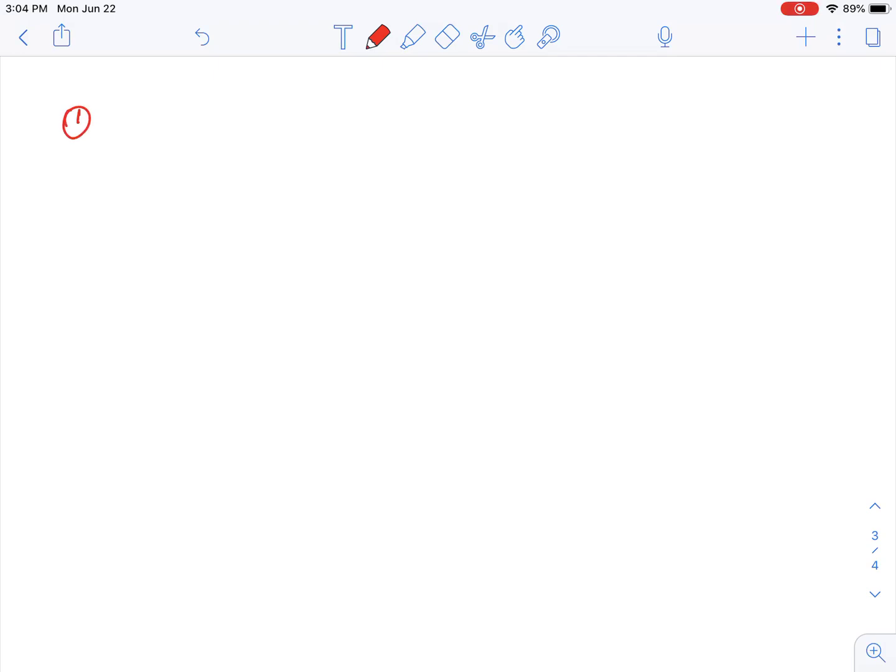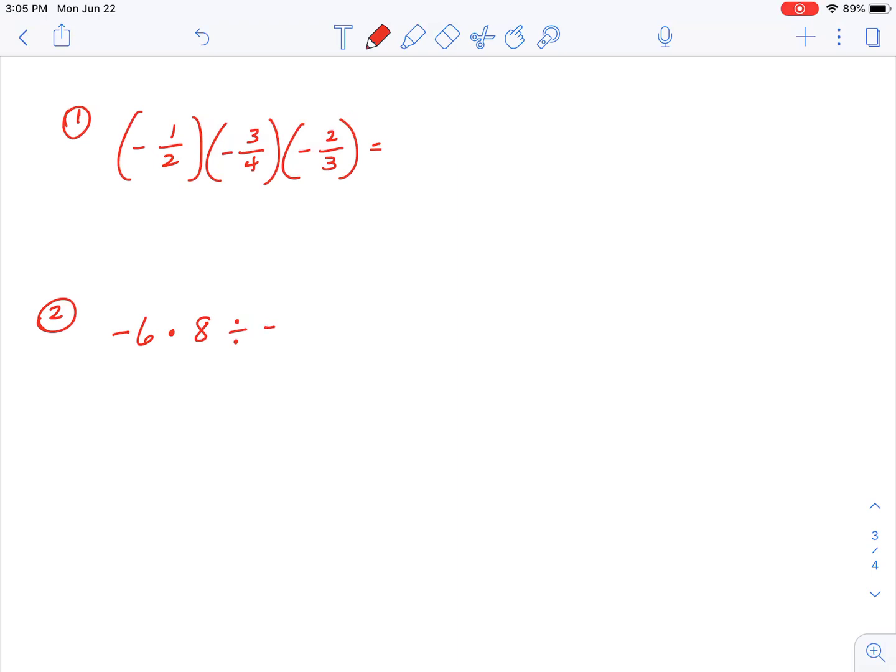So didn't have these pre-done, excuse me. The order of operations there on number 2.